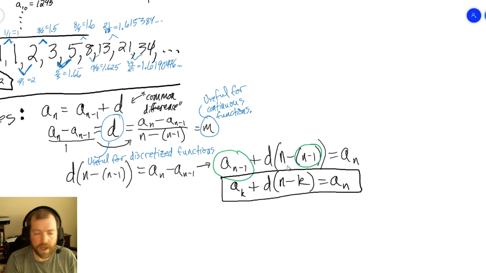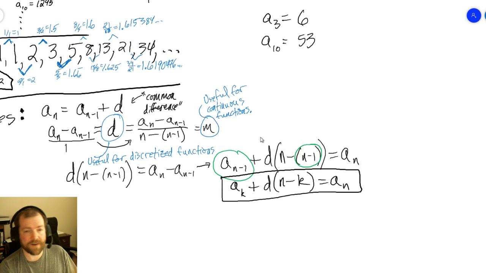So I much prefer using this one because when my students pick something like a sub 3 equals 6 and a sub 10 equals 53, you don't necessarily have to have a sub 1, which is what the book always wants you to have whenever you're doing the equation.